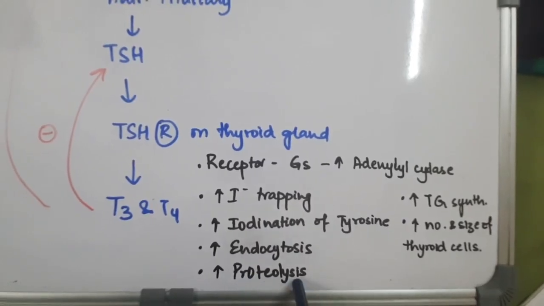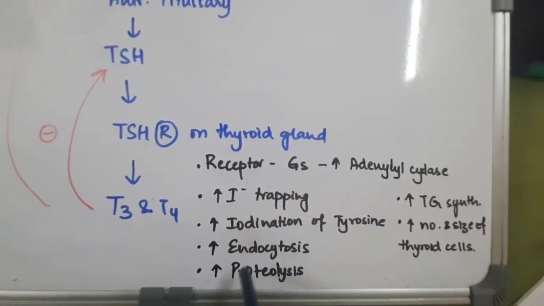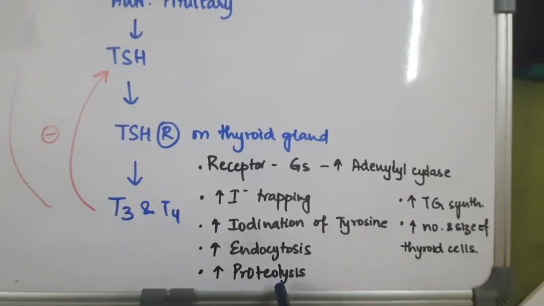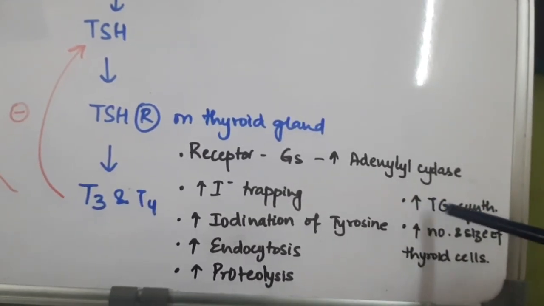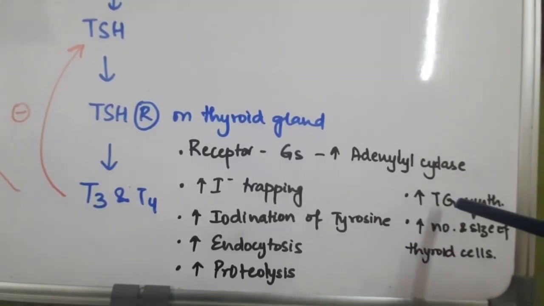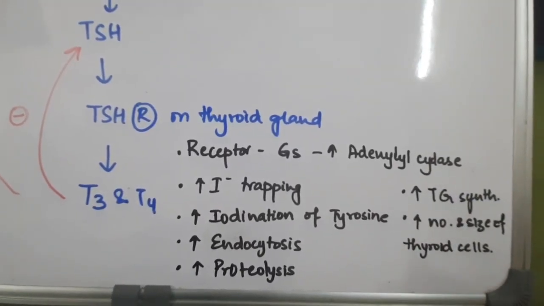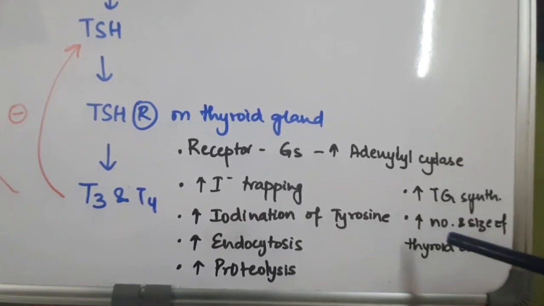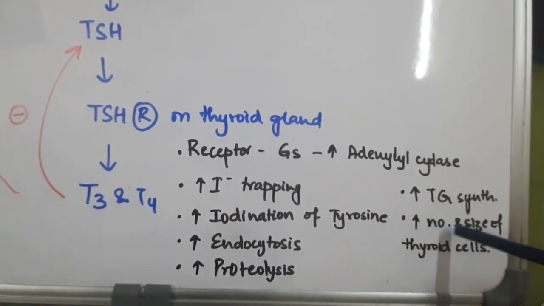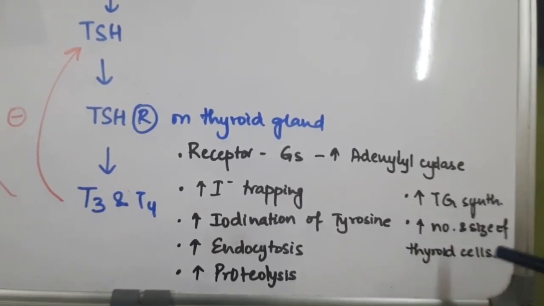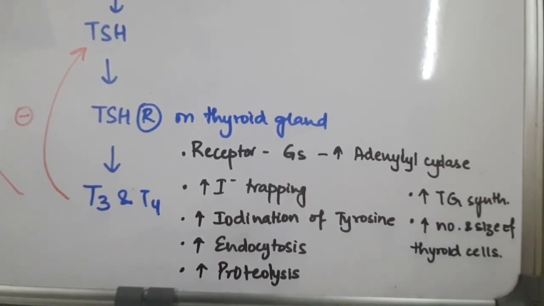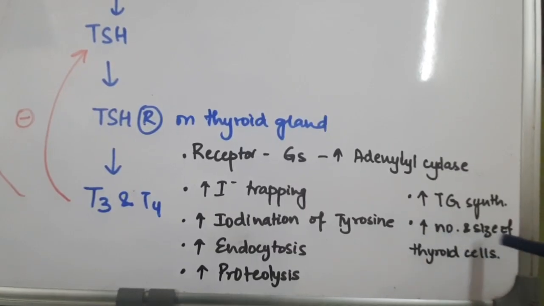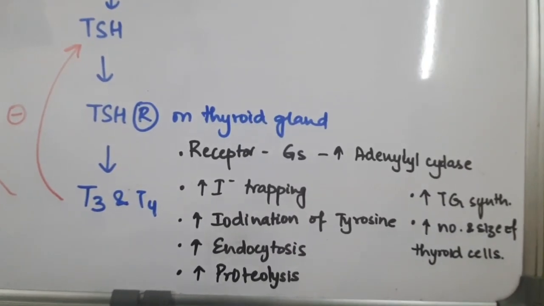It will increase proteolysis, that is separation of the thyroid hormones from the thyroglobulin. It will also increase thyroglobulin synthesis, which will obviously lead to more thyroid hormone synthesis. And it will also increase the number and size of thyroid cells. So this is what is responsible for thyroid hyperplasia.